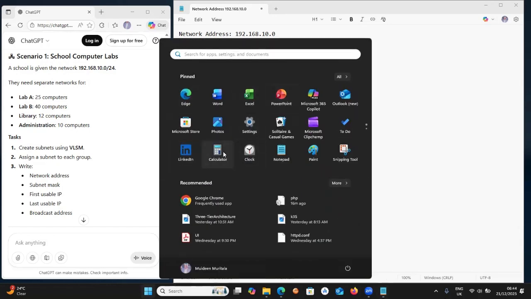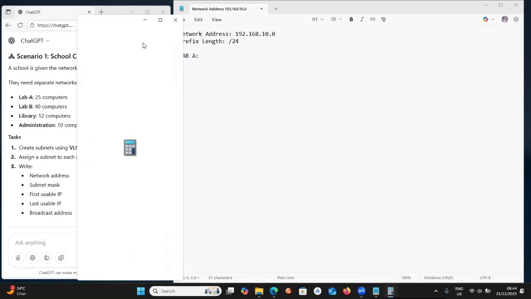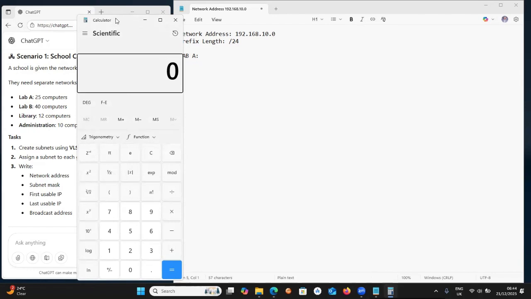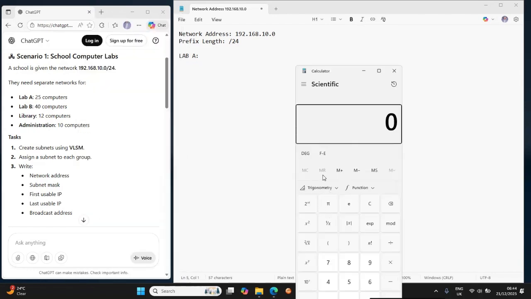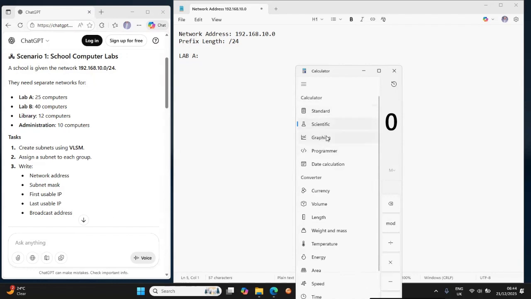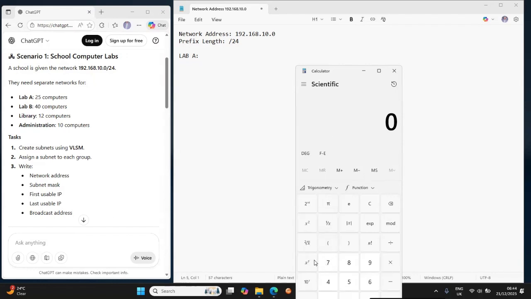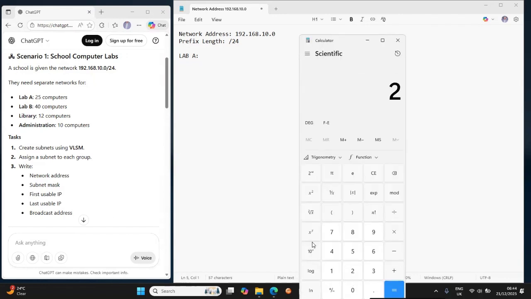Whereas 2 to the power of 4 is 16. You see, that cannot accommodate it.